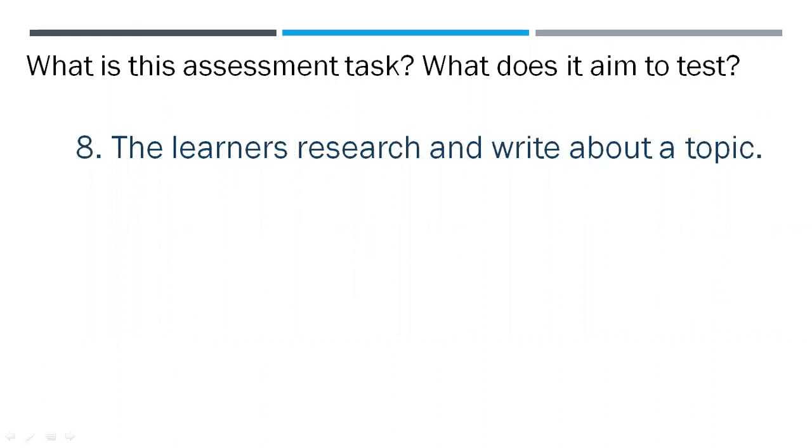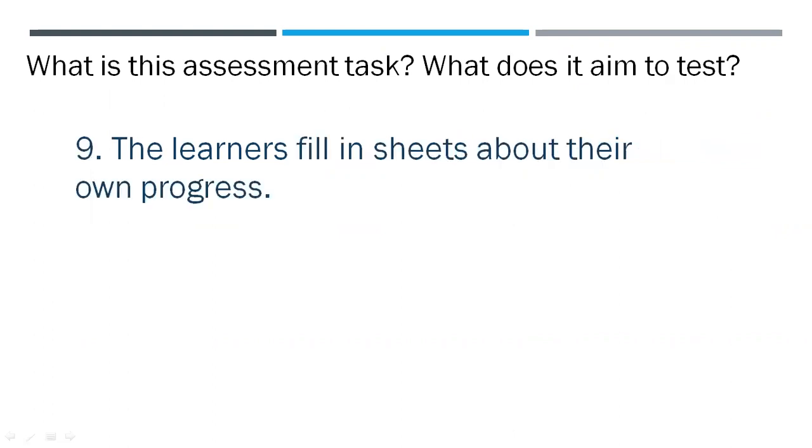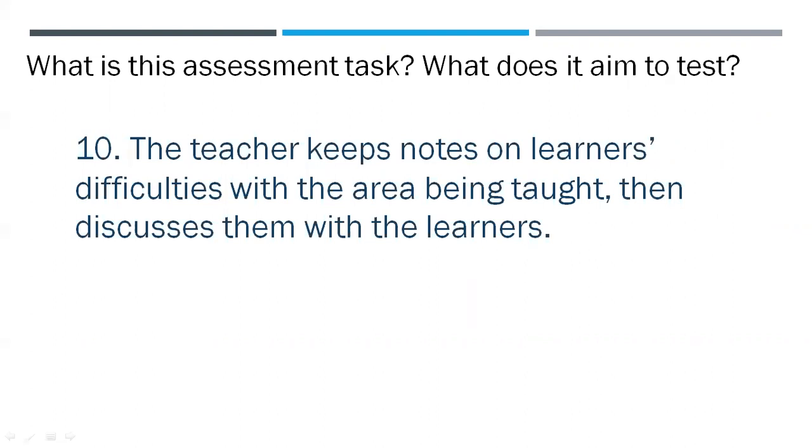The learners research and write about a topic. The learners fill in sheets about their own progress. The teacher keeps notes on learners' difficulties with the idea being taught, then discusses them with the learners.